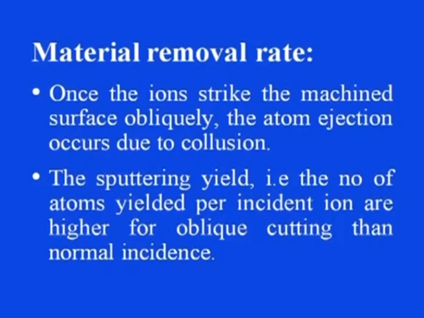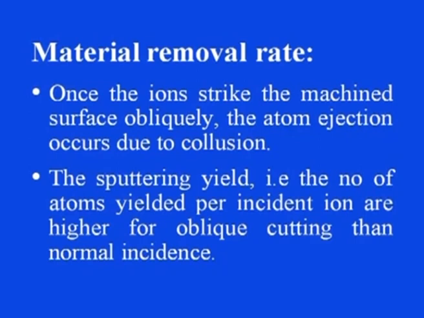The machining variables which can be independently controlled are the acceleration voltage, flux and angle of incidence. Let us look at the material removal rate in this process. Once the ions strike the machined surface obliquely, the atom ejection occurs due to the collision.